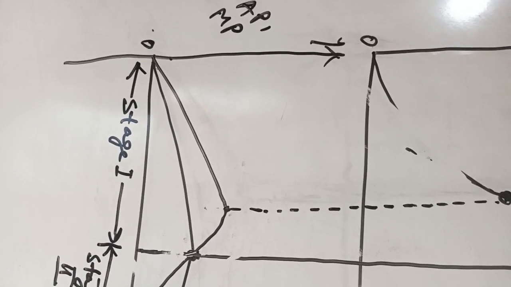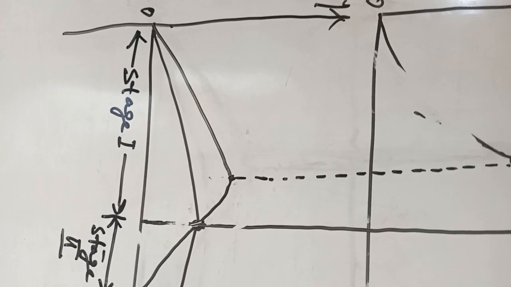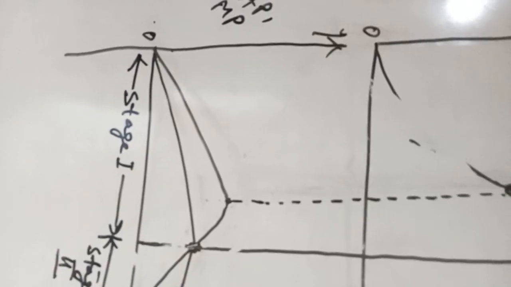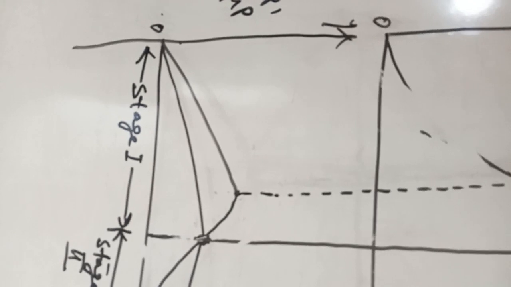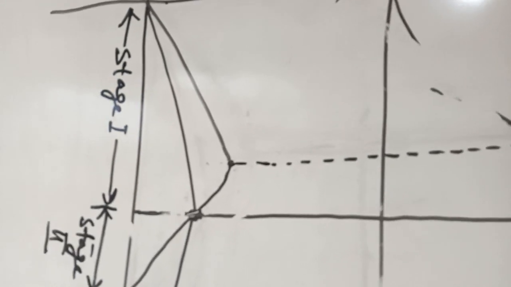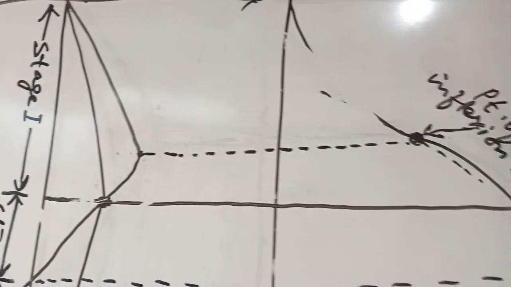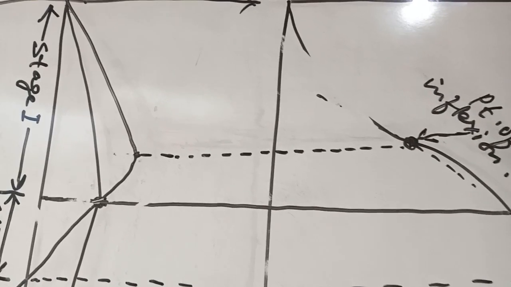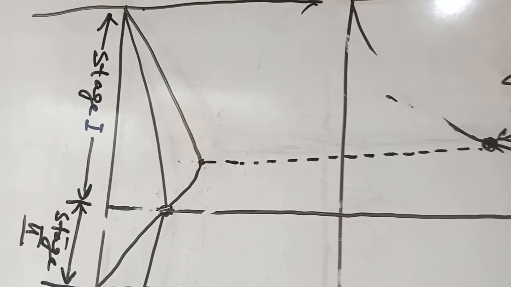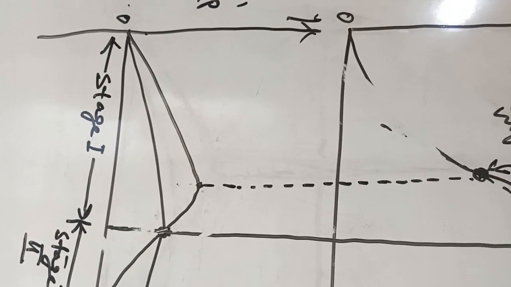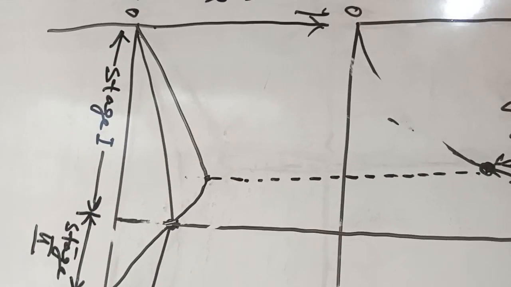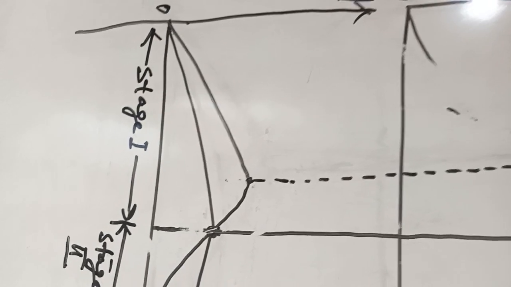And during stage 1, AP, average product, continuously rises, and it reaches the maximum, the highest point, at the level where stage 1 ends. There AP and MP are equal. AP and MP curves are intersecting each other.